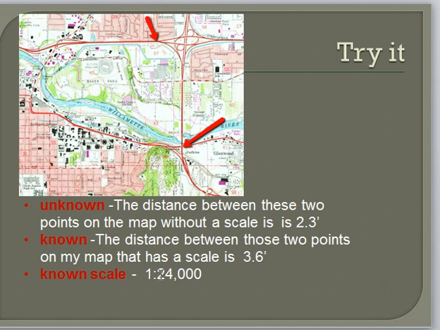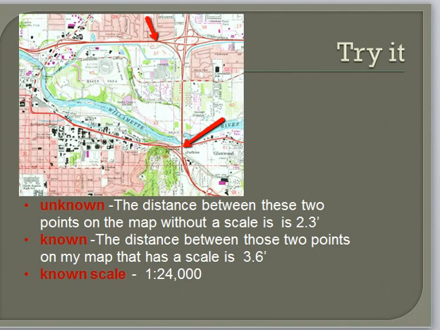So this number is going to be larger than 24,000. So I'm going to set up the formula with the known 3.6 divided by 3.6 on the left side of the ratio, and then 3.6 times the 24,000 and divide that by the unknown distance on the right side.